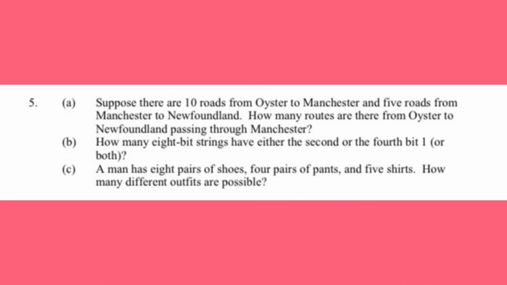5B. How many 8-bit strings have either the second or the 4th bit 1 or both? I'm not even going to lie, this question kind of had me, but we figured out the reasoning. So we want to find how many 8-bit strings have either the second or the 4th bit being 1 or both. The first thing to consider is case 1, when the second bit is for sure 1.